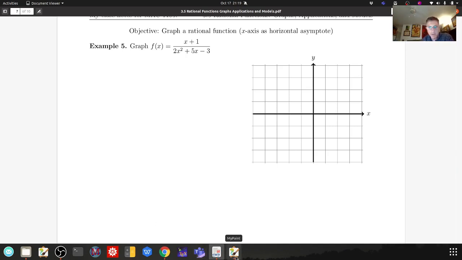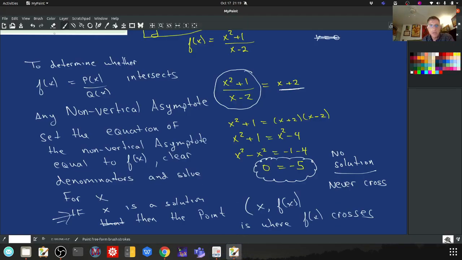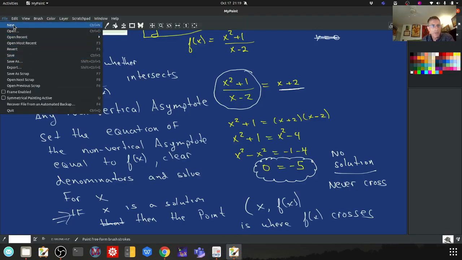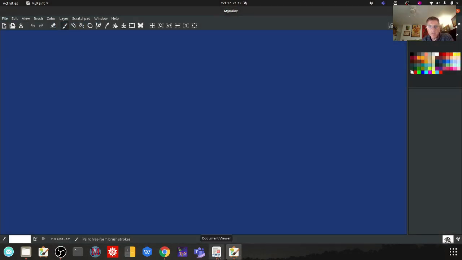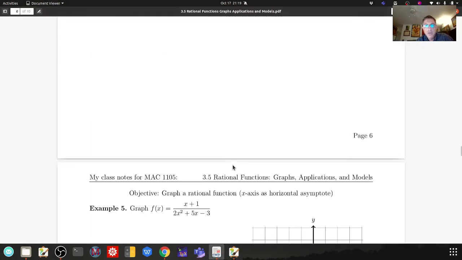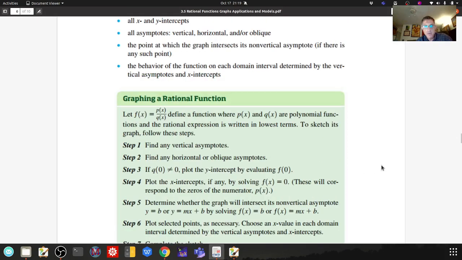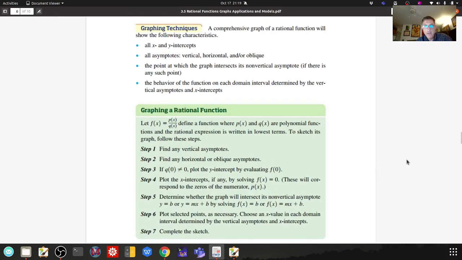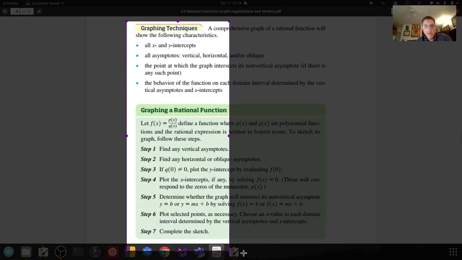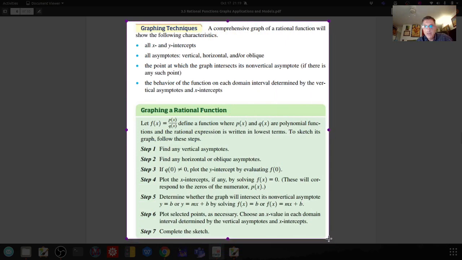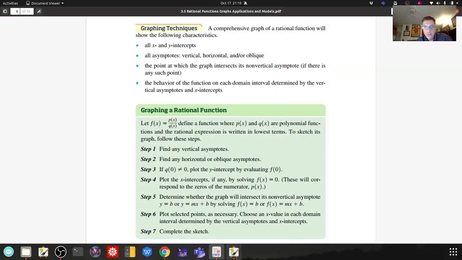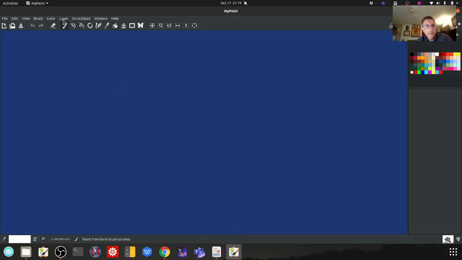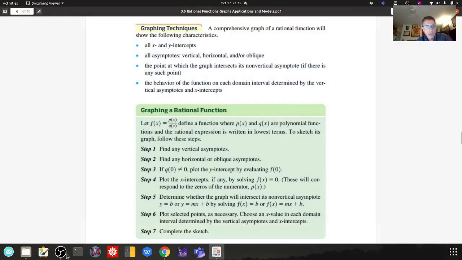So let's go back over and I am going to do a new canvas, because I want to copy this over. Sometimes I have to start it over. I don't know why.